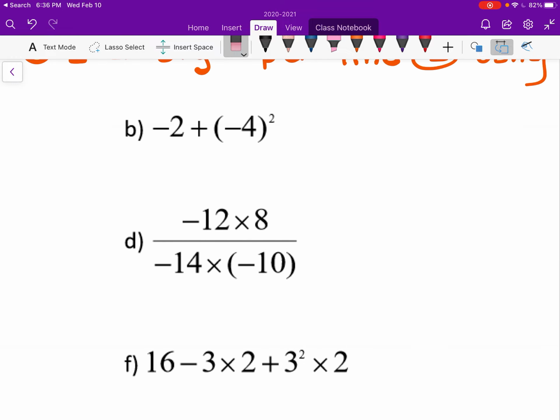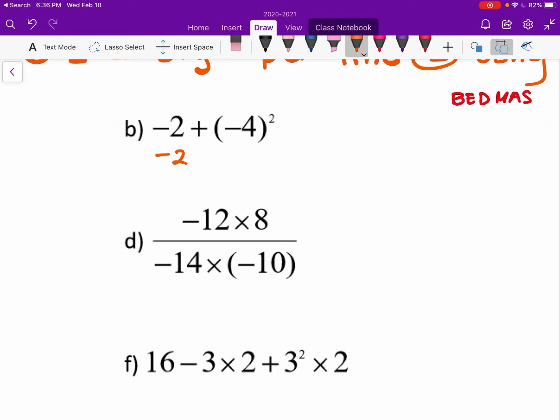Okay, negative 2 plus negative 4 to the power of 2. In BEDMAS, we always do exponents. I'm just going to write a little BEDMAS sign here so we know which one we're following. We have exponents, so we got to do that first. We'll leave the negative 2 and the plus alone for now. Negative 4 times negative 4 is just going to give me positive 16.